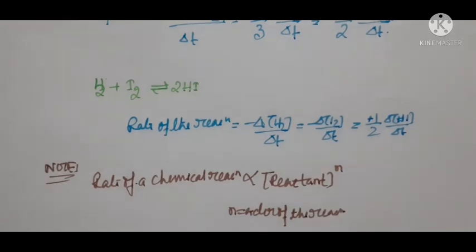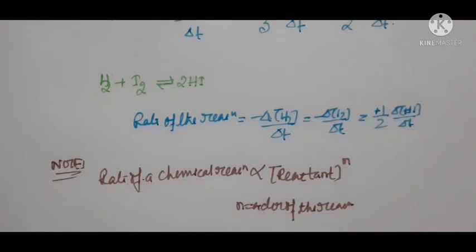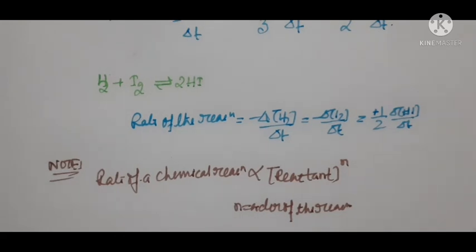So today we have completed the basic introduction of chemical kinetics, the classification of chemical reactions on the basis of their rate, writing the rate law, and explanation of rate law by taking some suitable examples.